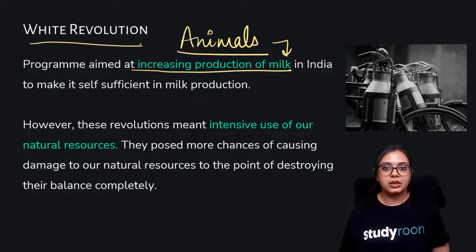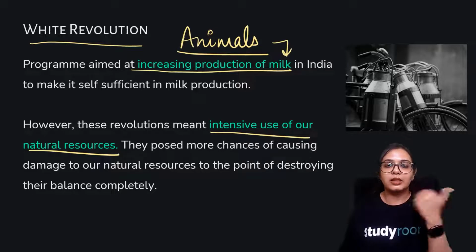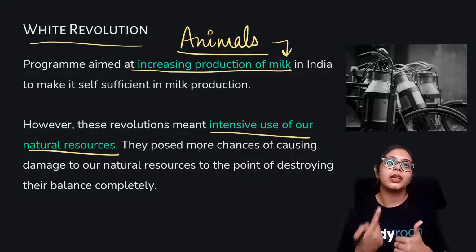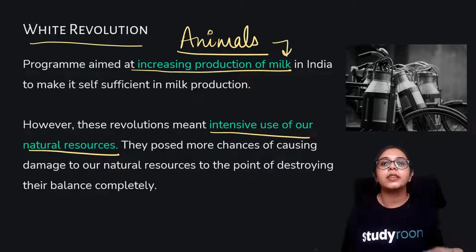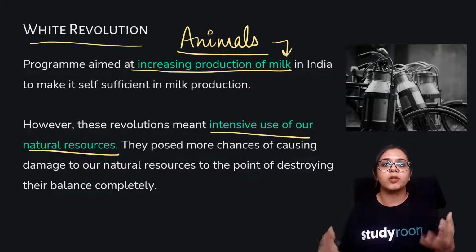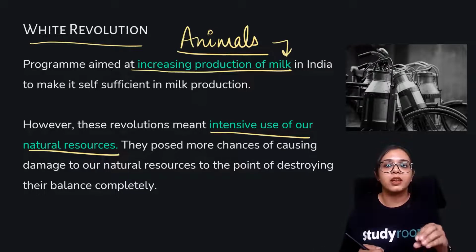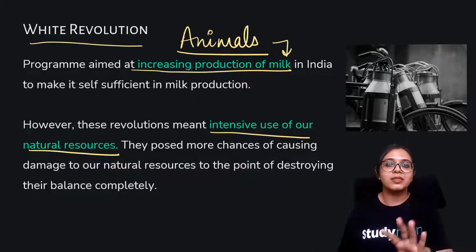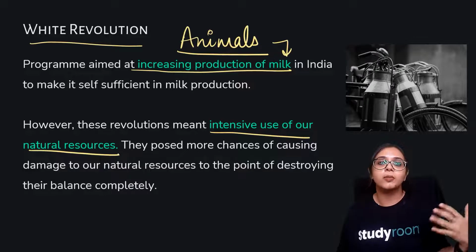Okay, but these revolutions meant intensive use of our natural resources. Like in the previous slide, I told you that high yielding variety seeds or an increase in the production of milk naturally are going to need a more surplus amount of nutrients, more constant care, more nurture.